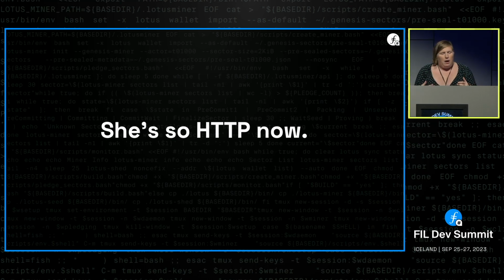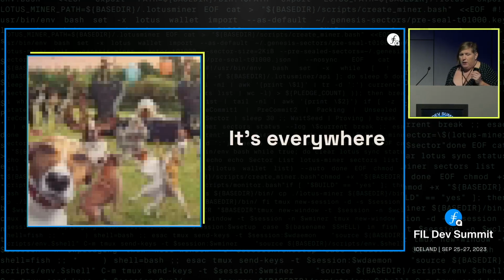It is now fully integrated with HTTP trustless retrieval, which I'm going to be talking about in a bit. We do a lot of our retrievals over HTTP, including specifically to Dag House, which is probably our single biggest HTTP provider, but we are increasingly starting to serve retrievals from storage providers over HTTP. So that's exciting. And I will talk a little bit more about that in a bit.